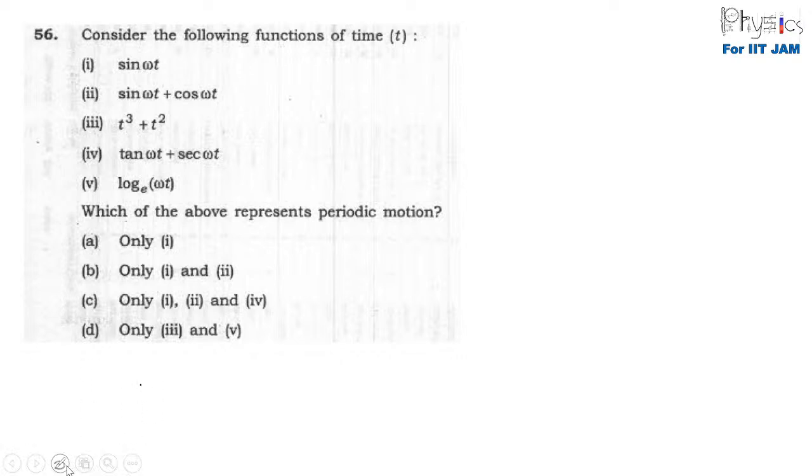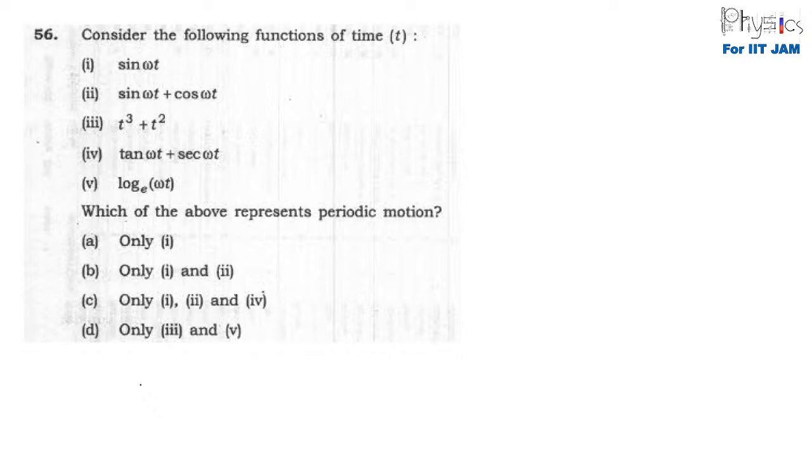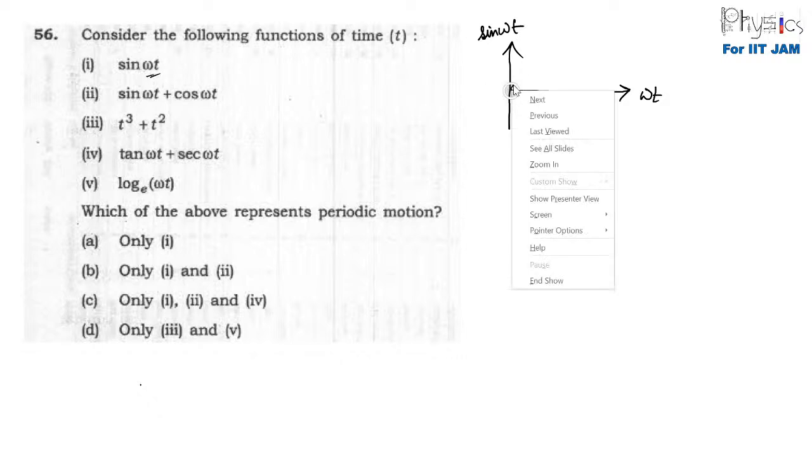Now, here we all know that sine omega t means, if this is our x-axis that represents omega t, and if it is sine of omega t, now here the sine function is like this, right?